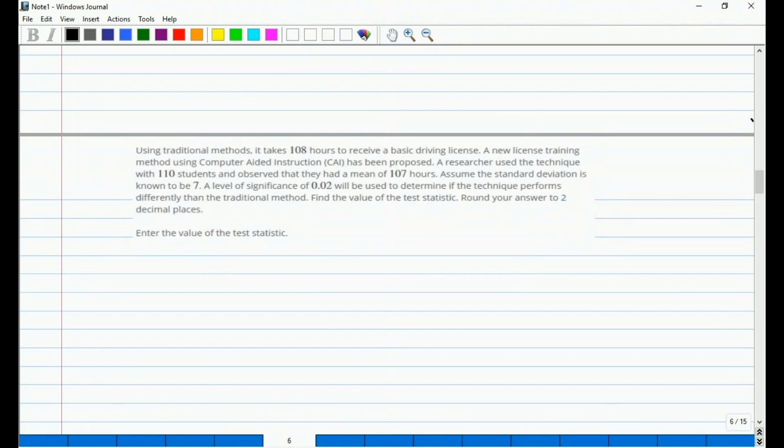All right, so this tells us it takes 108 hours to receive a basic driving license. A new training method that uses computer-aided instruction has been proposed. A researcher used the technique with 110 students, and they observed a mean of 107.